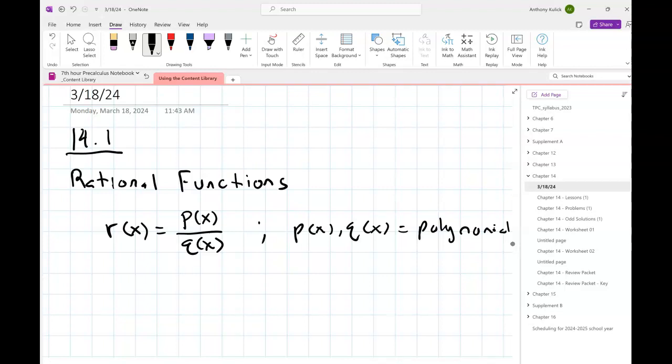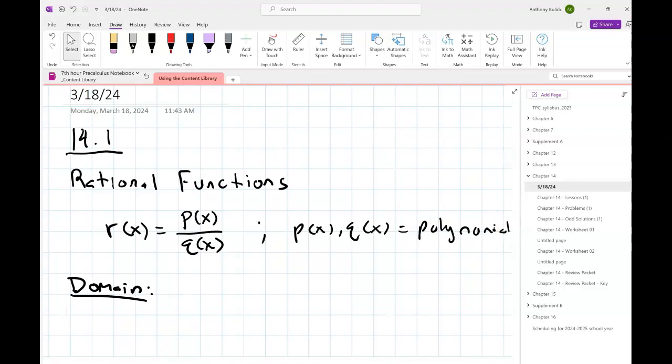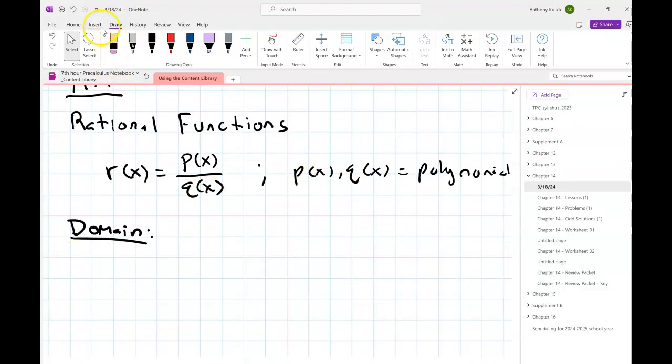Our main focus today is going to be on graphing, but before we talk about graphing, let's talk about domains, because being able to determine the domain will be helpful when graphing.